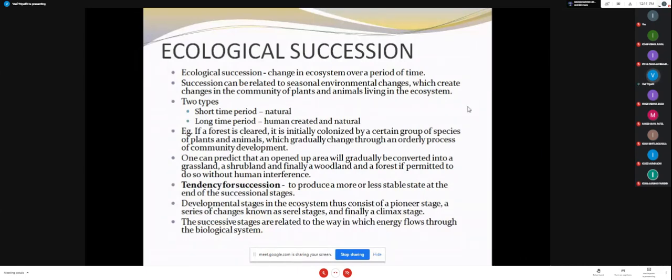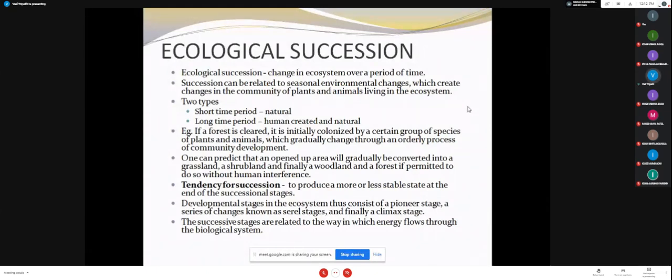And then we will talk about ecological succession. So we took the example of the pond ecosystem, I think, in the introduction. Ecological succession is the change in an ecosystem over a period of time. So what kind of change is occurring over a short period of time or over a longer period of time?